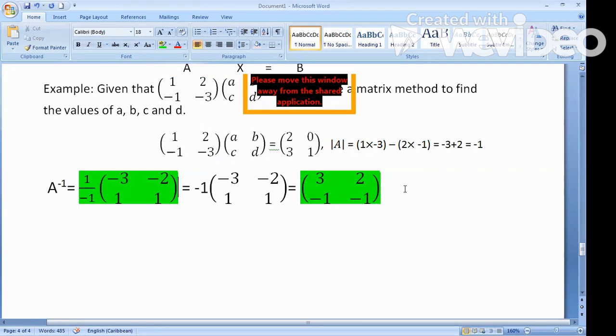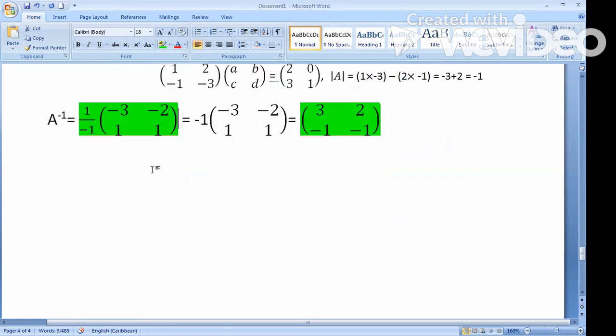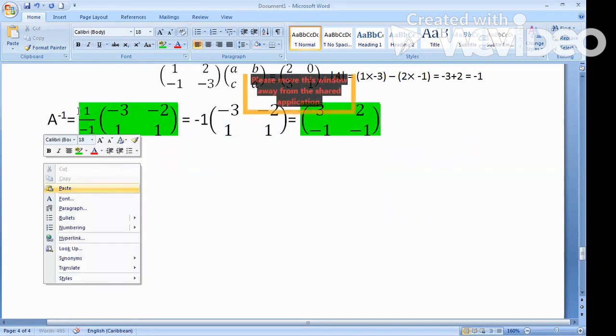All right. So then now, let's get back to this. So we're going to pre-multiply both sides by A inverse. All right? So let's go to this. So this is A inverse.